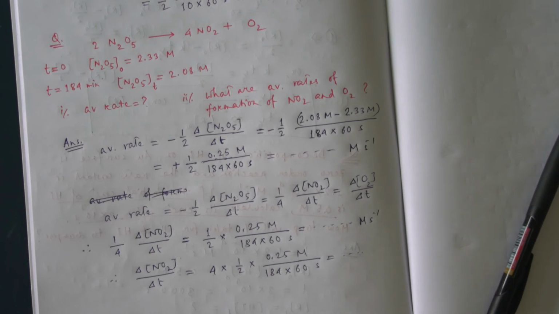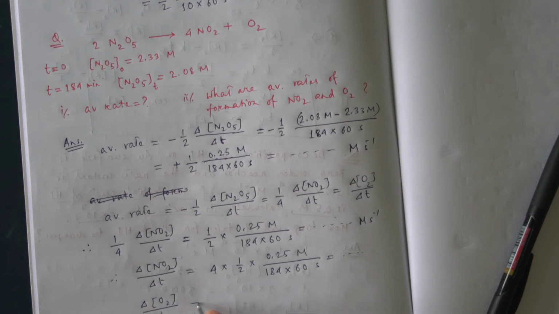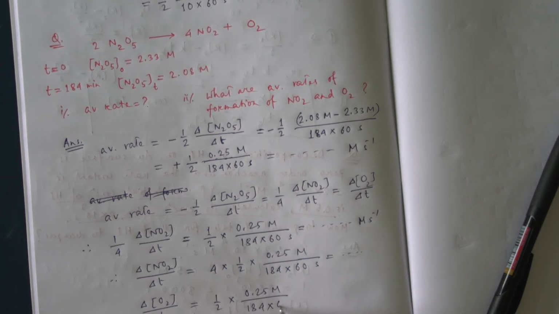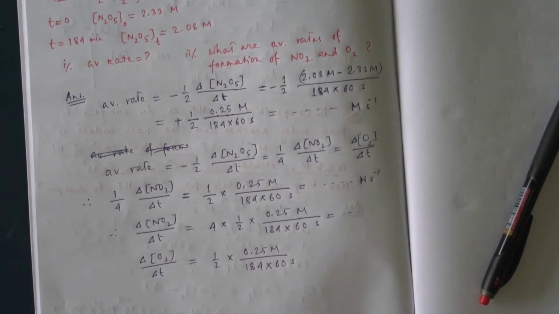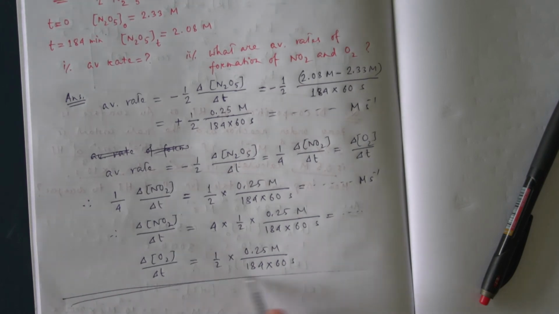Okay, and del O2 by del t, and that will be equal to half into 0.25 molar, 184 into 60 second. Okay, so you have to solve like this.